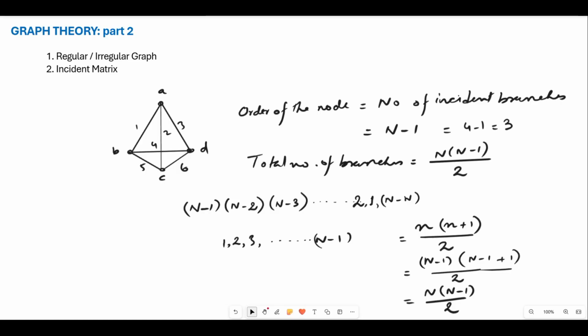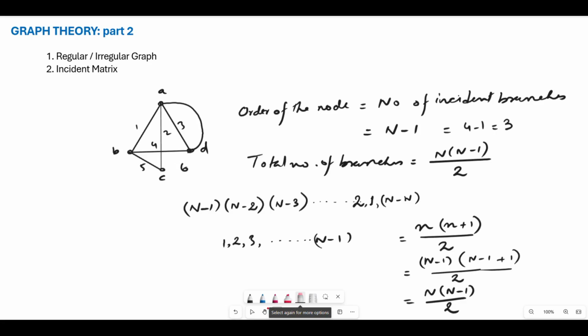So this is the logic behind the regular graph. Now, what is an irregular graph? In an irregular graph, we may have one more branch, which makes it irregular, or we may have one branch less, which will also make it irregular. For example, suppose if this branch is missing, then that is also an irregular graph.